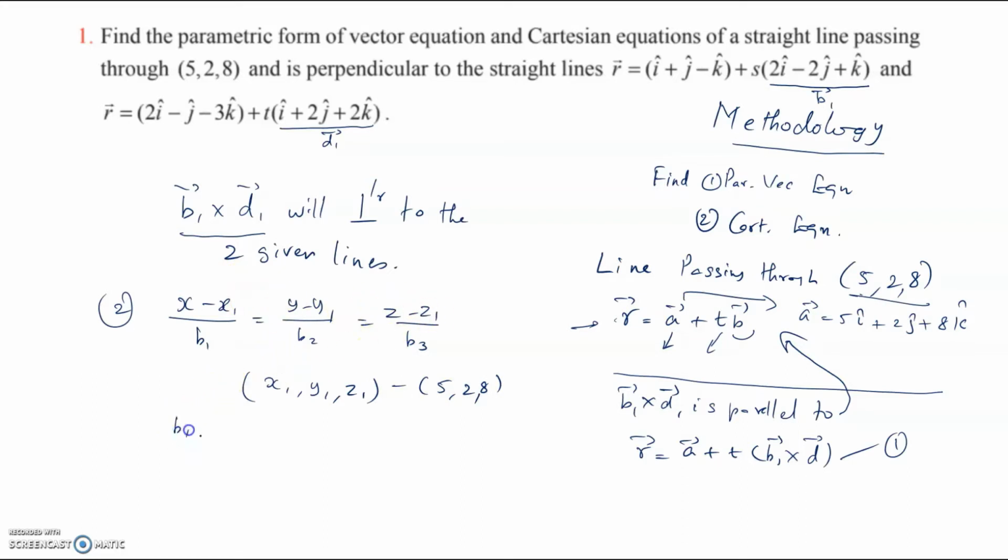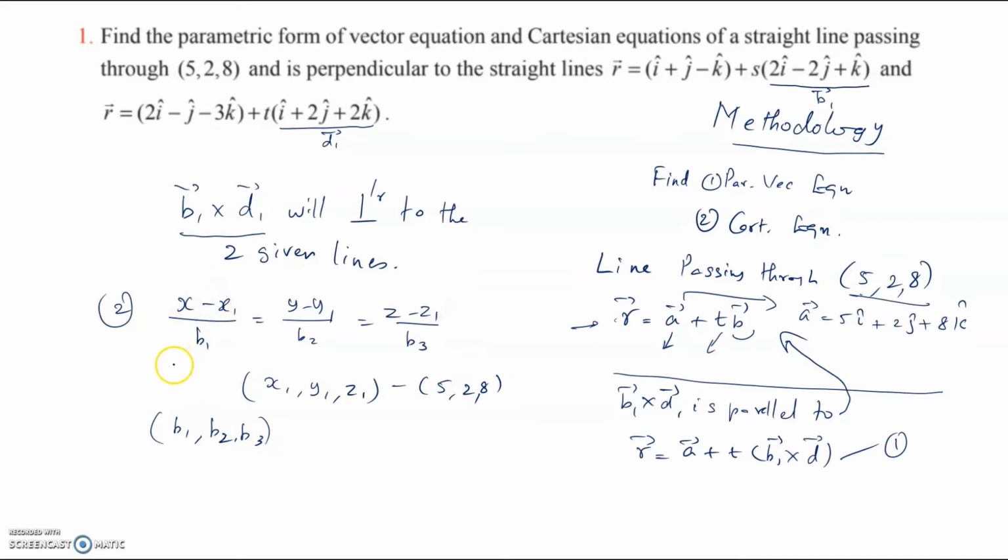Then, our b1, b2, b3 are the coefficients of the vector which is parallel to this given line, or the direction ratios of the line. So, we know that B1 cross product with D1 is parallel to this given line. So, finding this and substituting those values here, you will be able to find this.